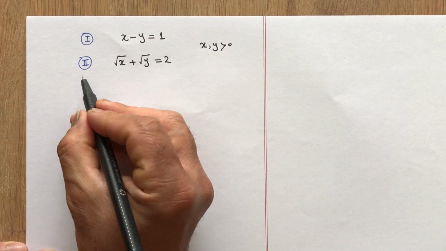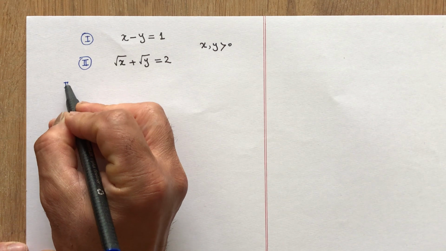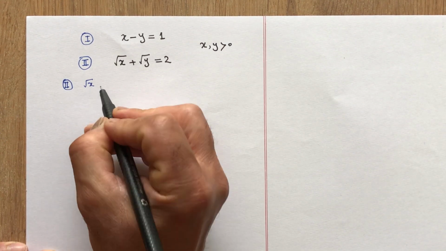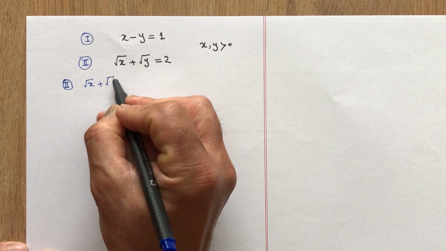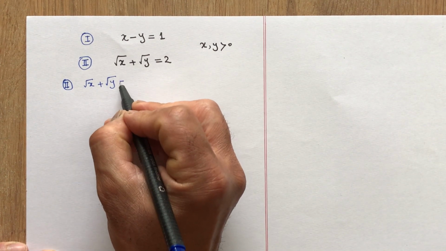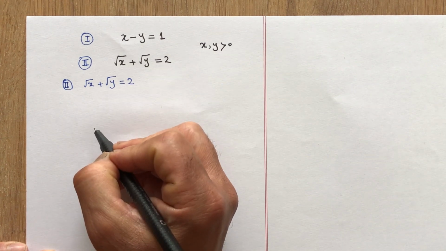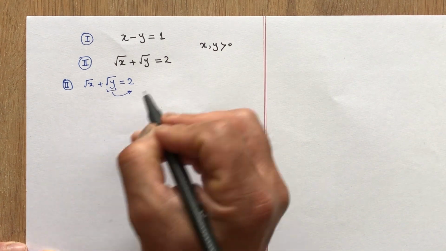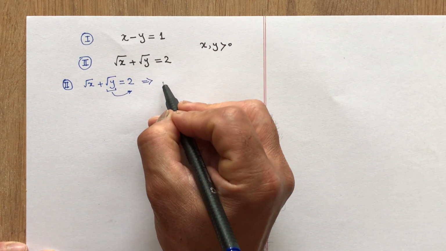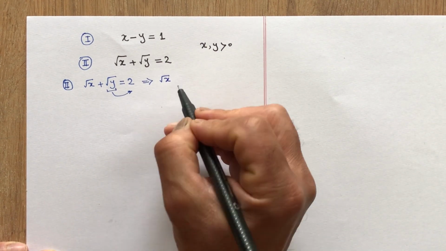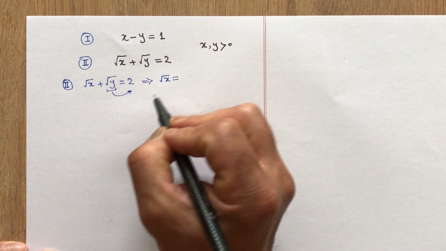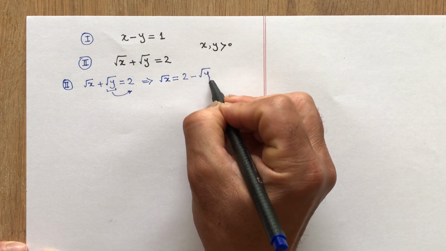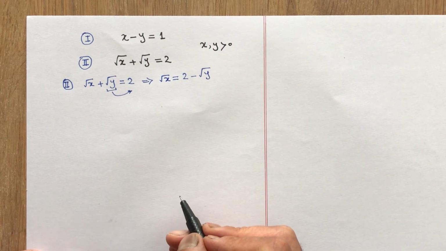I start from equation 2. If I write it again here, square root of x plus square root of y equals 2, and I can take the square root of y to the other side and the sign is flipped, so square root of x is equal to 2 minus square root of y.